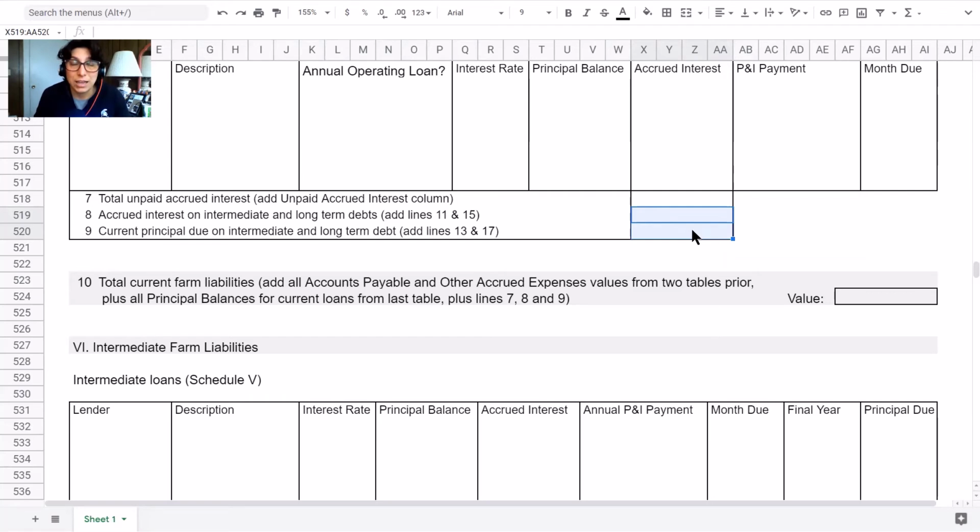So intermediate loans, like we said, well, we haven't seen intermediate loans yet, but as you can imagine, they are loans that you took for machinery, vehicles, that type of thing. You're going to be paying interest on those loans for more than 1 year. But the current year is a current liability. The current year interest is a current liability.